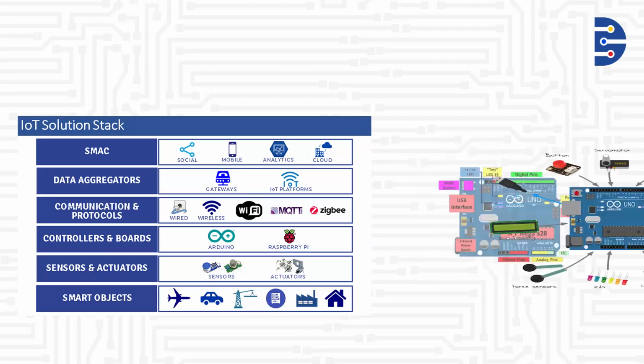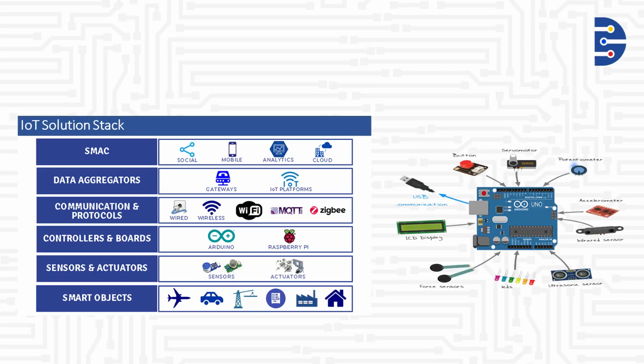Hence, it is used by tens of thousands of people in different projects and applications. The Arduino has the capacity to integrate with multiple sensors and actuators as shown in this diagram.